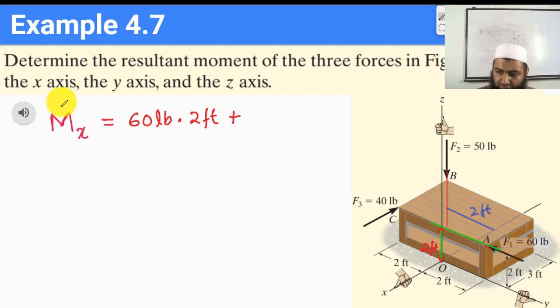So the contribution of this force to the moment along the x-axis is going to be equal to 50 pounds times 2 feet.